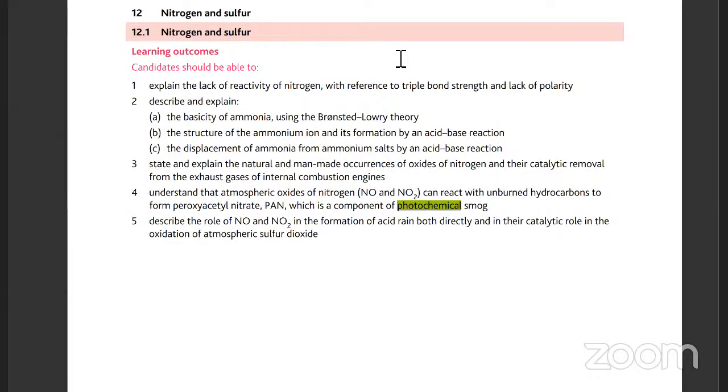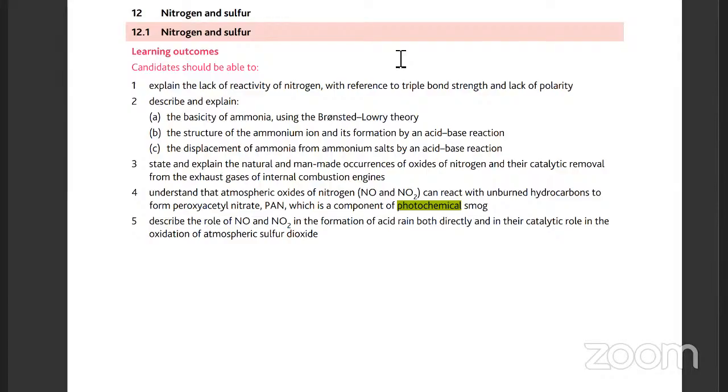It can form unburned hydrocarbons, can form nitrate, which is a component of photochemical smog. It can react with unburned hydrocarbons.